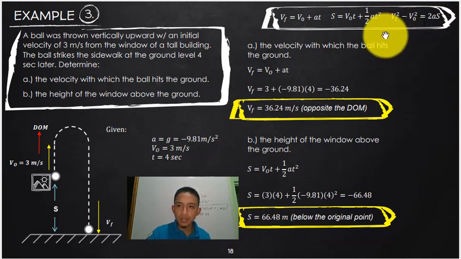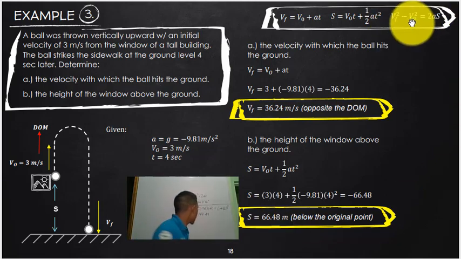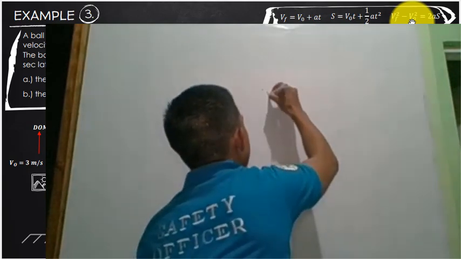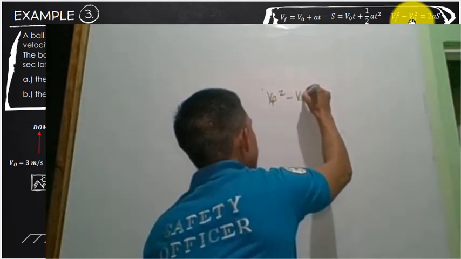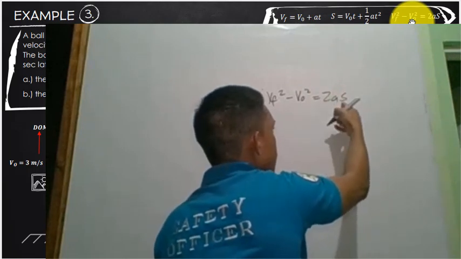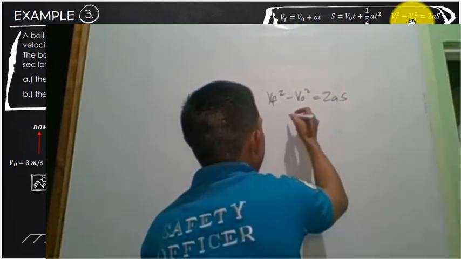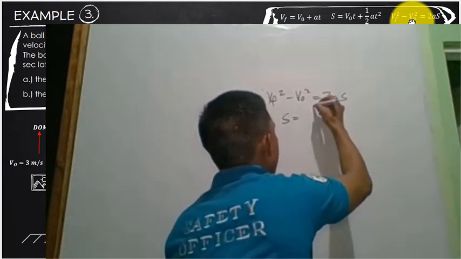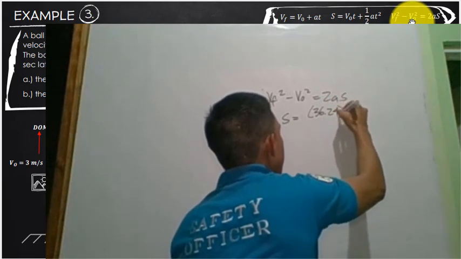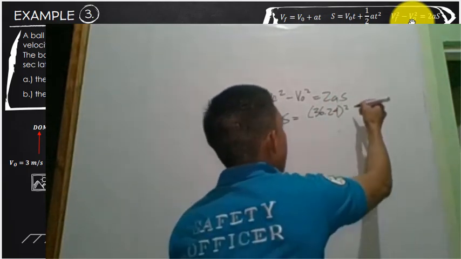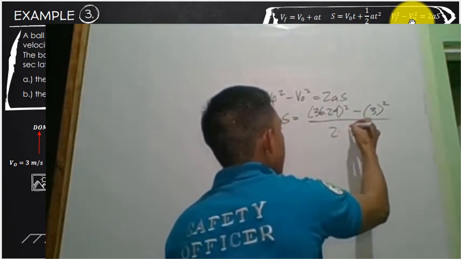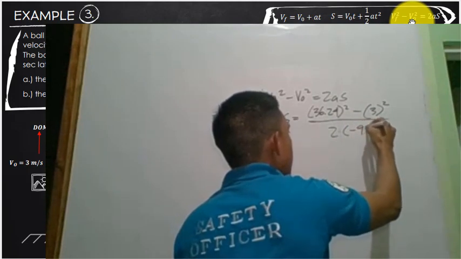Now I will show you that you can make use of this second one. VF squared minus VO squared equals 2as. What we are solving is S. So S, okay, VF, what is your VF? We already solved that one to be 36.24 squared. And then your VO is of course 3 squared all over your 2, and then your A, your acceleration, is negative 9.81.